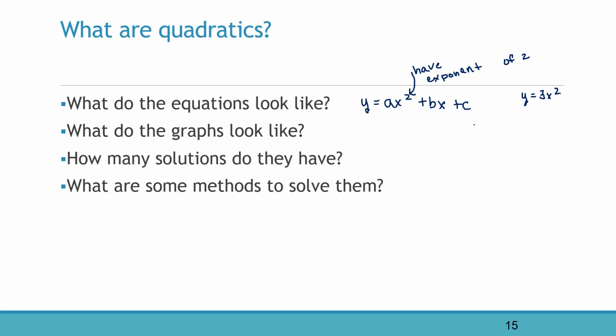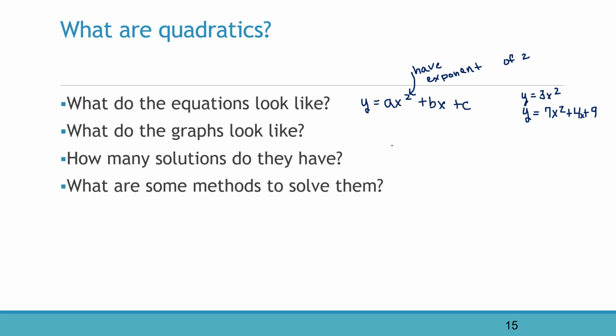So the key thing is that exponent of 2. And this one that I just wrote, y equals 3x squared, would be considered a power function, but they don't have to be power functions. So we might have y equals 7x squared plus 4x plus 9. And so they can have these additional terms that our power functions don't have.